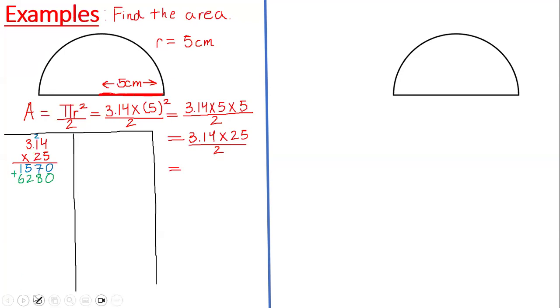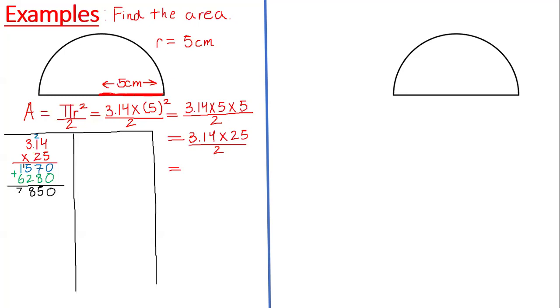0 plus 0 is 0. 7 plus 8 is 15. Put the 5 down, put the 1 up. 5 plus 1 is 6. 6 plus 2 is 8. And 6 plus 1 is 7.